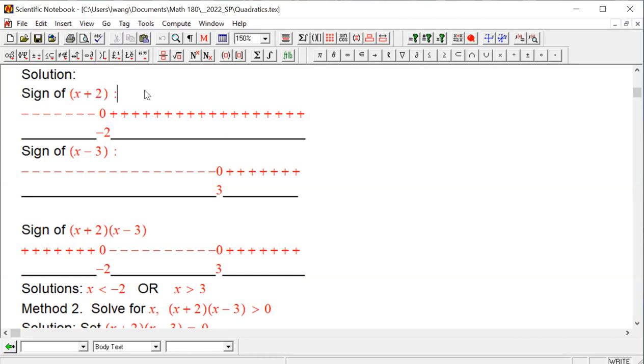Let me put this narrative here: -2 is where x plus 2 changes sign.